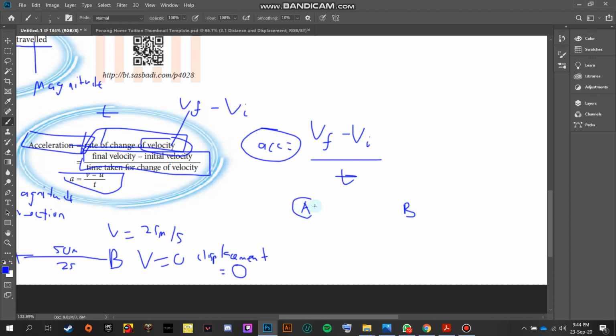At point A, my velocity is 0 because I haven't started the car yet, and right now I'm riding a car. And when I get to point B, my velocity is 50 meter per second, and the time from point A to point B is 2 seconds.